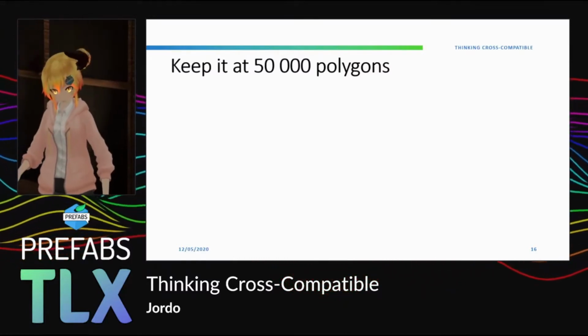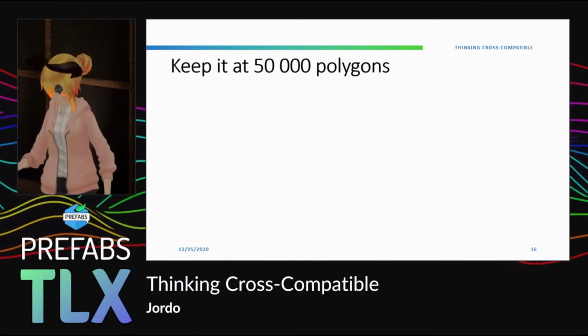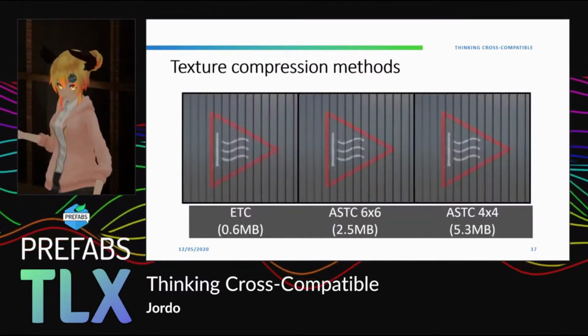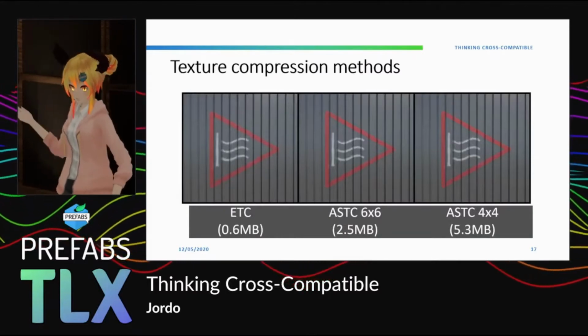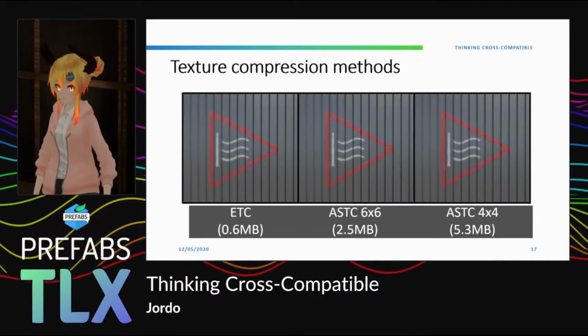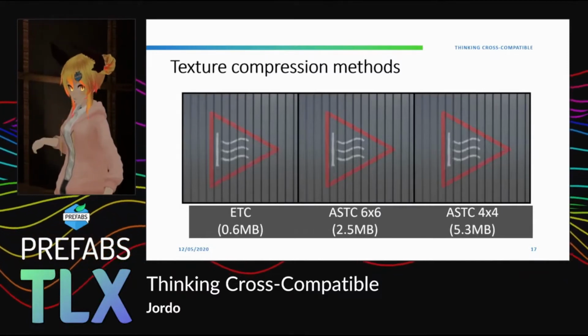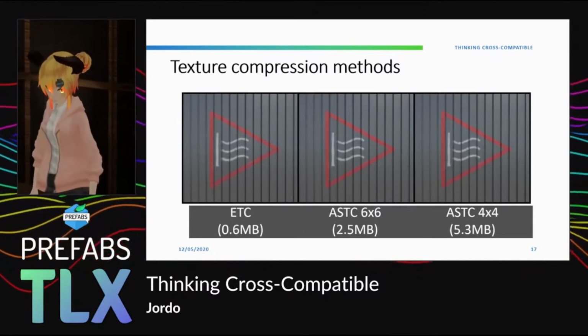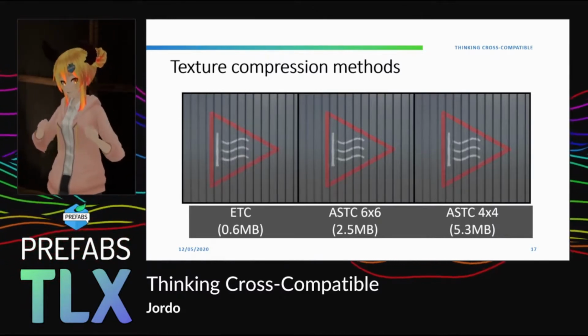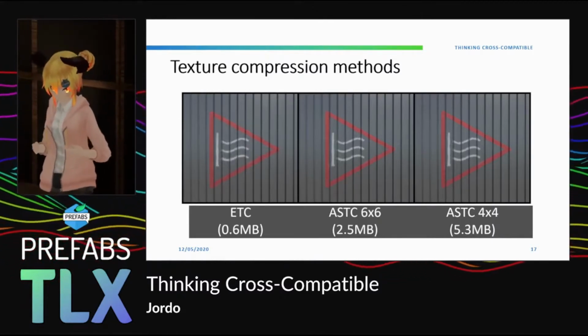Now onto texture compression methods. The default, I believe, is ETC, and while it's small, the quality is pretty meh. That's why, if you're going to do a Quest world, it's better to use ASTC.